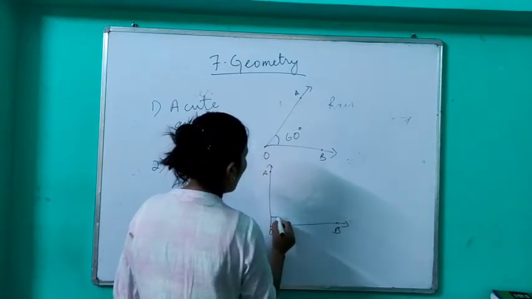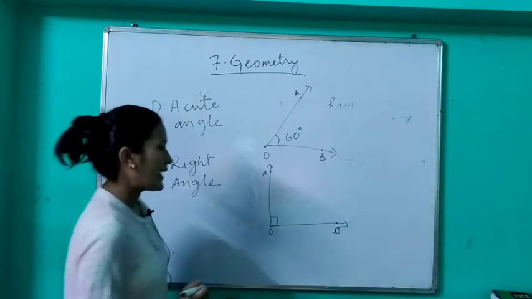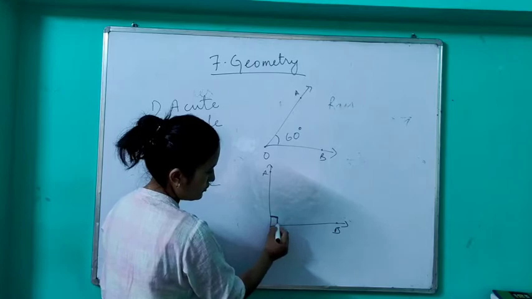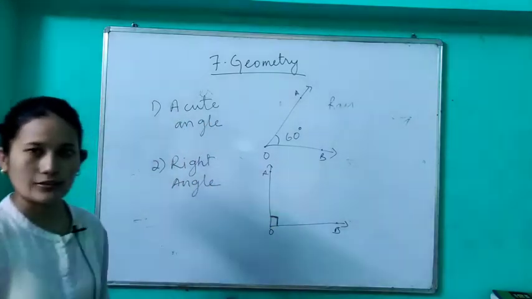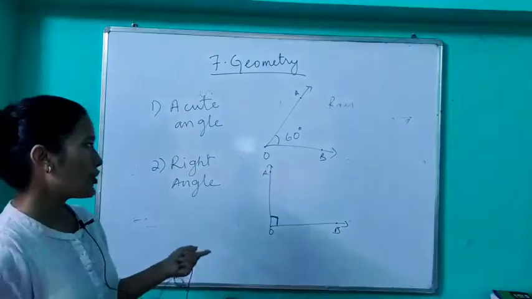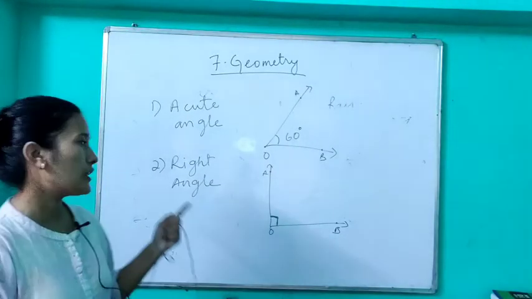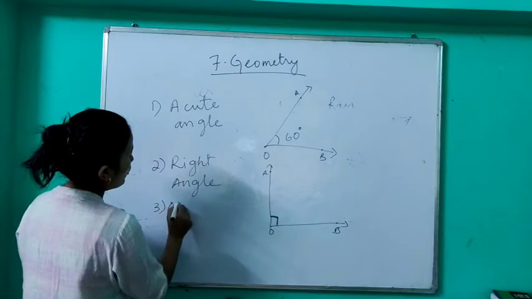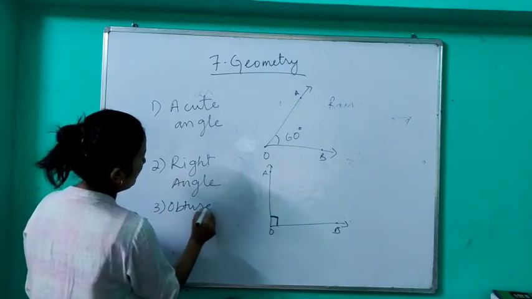If the measure of an angle is 90 degrees and it is denoted with this sign, as soon as you see this, you know that it's a 90 degree angle. Okay, so if the measure of an angle is 90 degrees, then it is termed as right angle. The next one is obtuse angle.